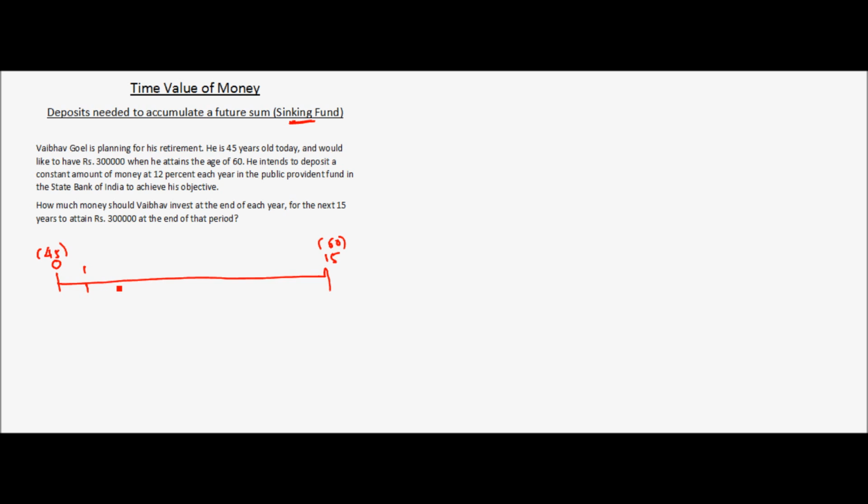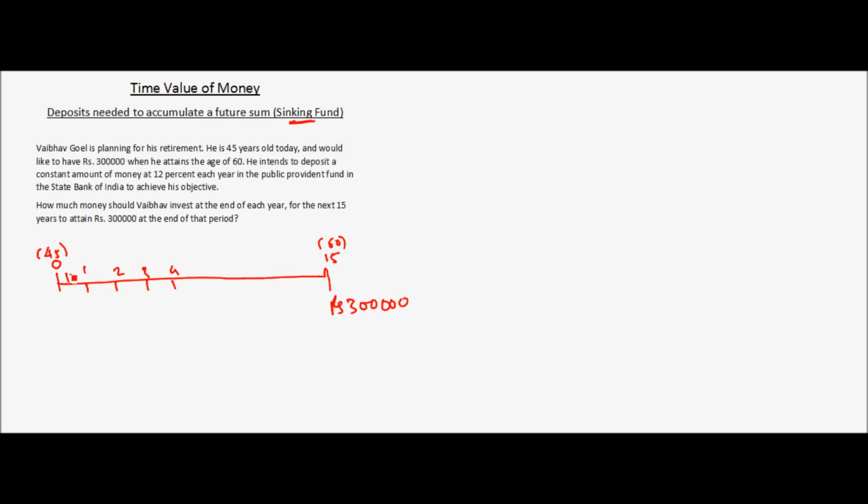And we have 1, 2, 3, 4, and so on. At the end of 15 years, Vaibhav wants to get an amount of rupees 300,000.